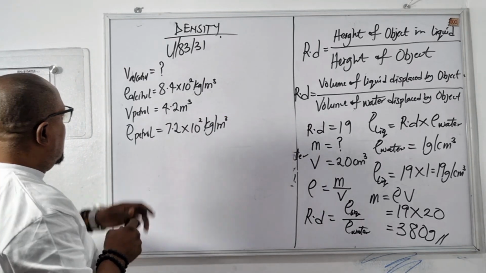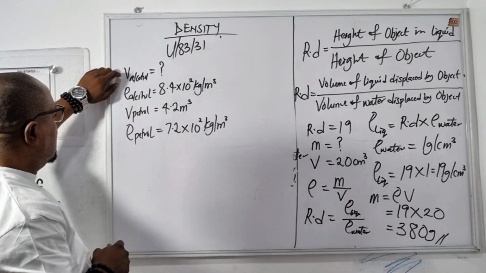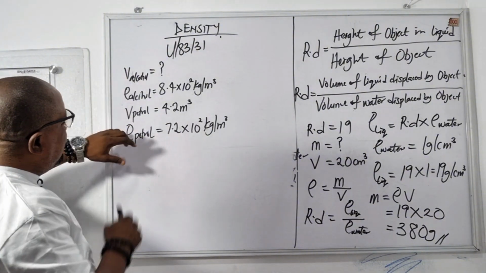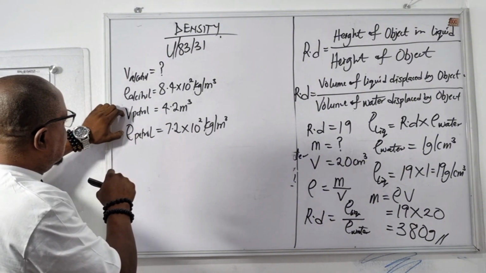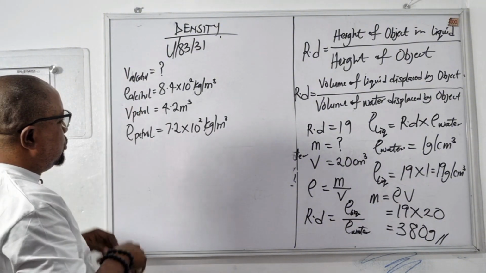Now, what will be the volume of alcohol that will have the same mass as this volume of petrol?